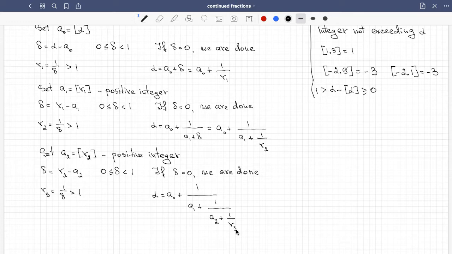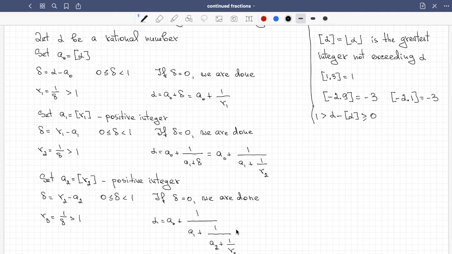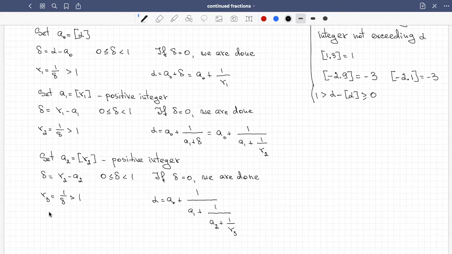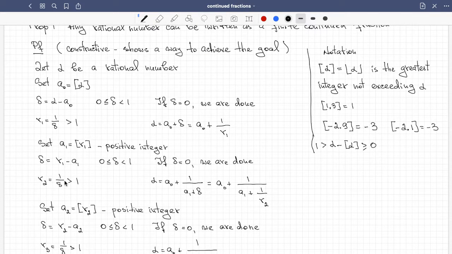And what we see at every step, we calculate next remainder and start to expand it further into a continued fraction. Take the integral part of our next remainder. That is a description of algorithm, a procedure.